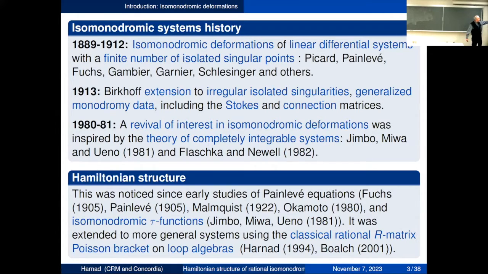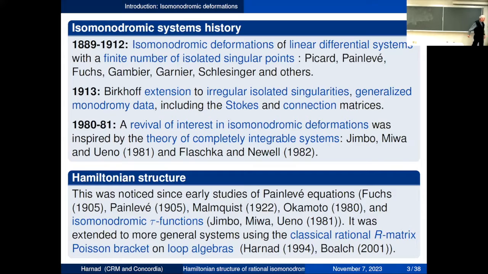So they took the most general systems that Birkhoff had studied. He didn't study the deformations, he just studied systems with a finite number of irregular singularities, and gave the correct parameterizations and so on, but he didn't study the problem analogous to what Schlesinger had studied for Fuchsian systems, namely, what is the most general way you can deform these systems while preserving the generalized monodromy?